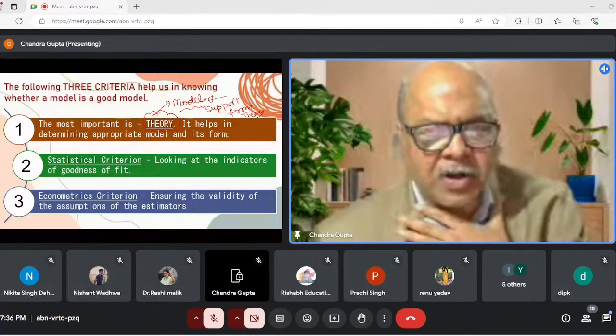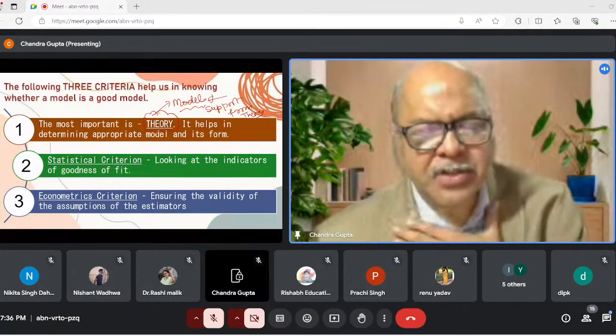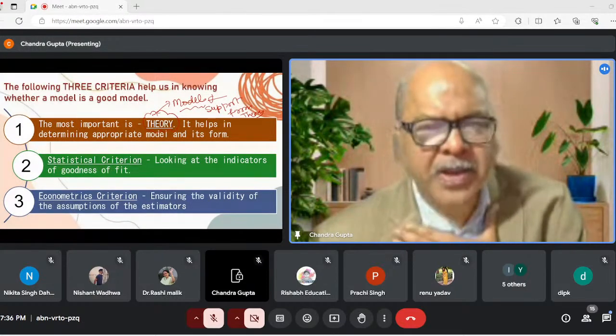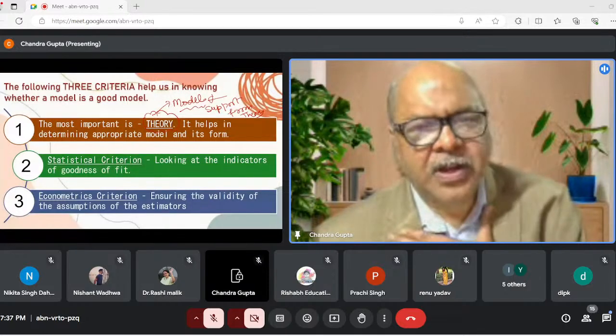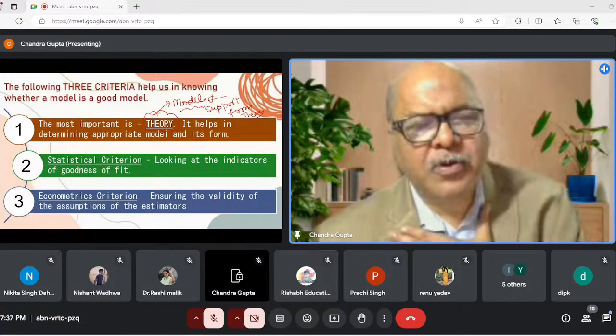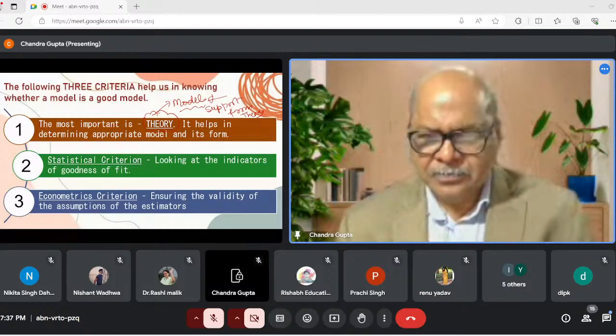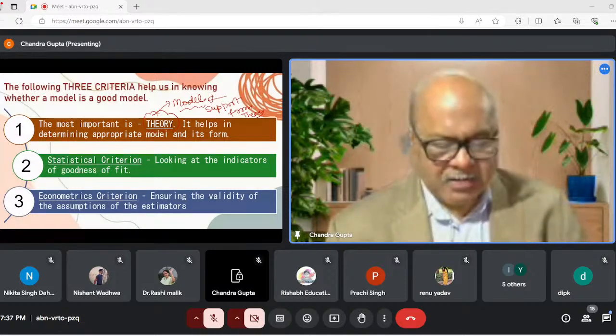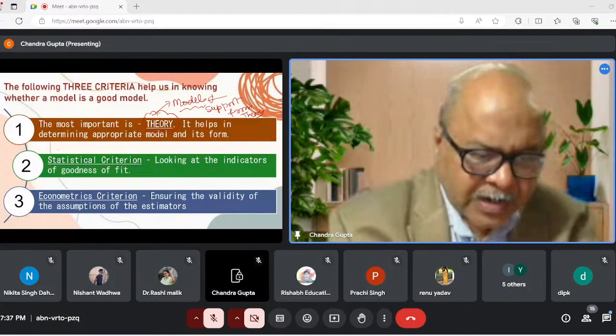We have a solid reason behind it. We must know why we are making a particular model. Theoretically, through literature, we are able to justify that. Okay. Second, which is called the statistical criteria.